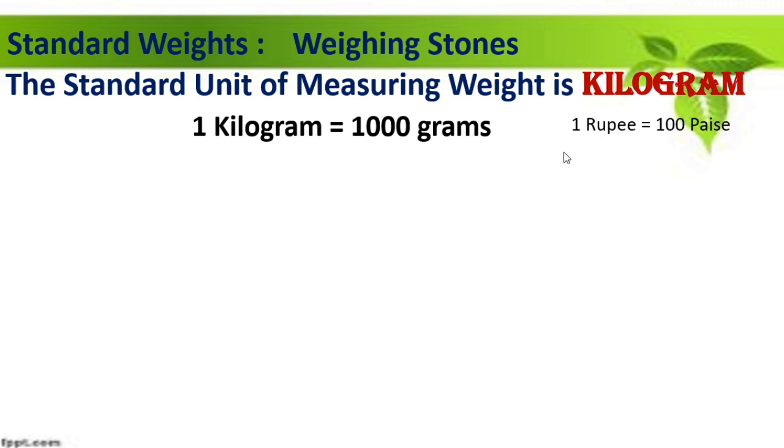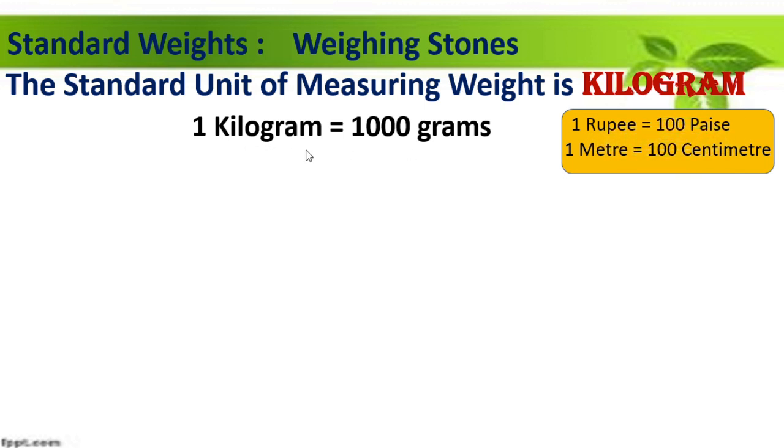Here you know that 1 rupee is equal to 100 paisa. Right? Like that 1 meter is equal to 100 centimeter. Like this only, here also 1 kilogram is equal to 1000 grams. And the short form of kilogram is kg.